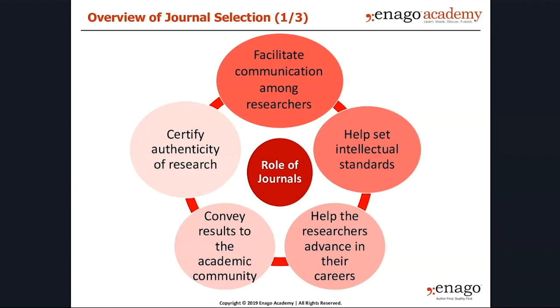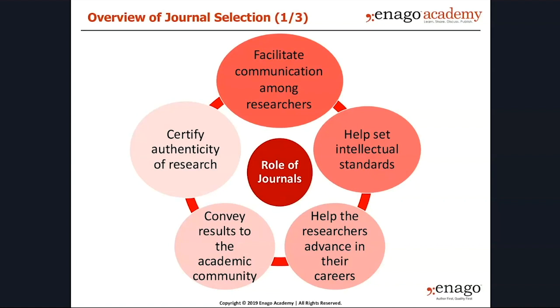Why is it so important to choose a specific journal or even publish in a journal at all to get our work read by other people? So identifying the role of the journal and determining a value of why you want to submit and publish in a journal is quite important for choosing which specific journals you might want to submit to.